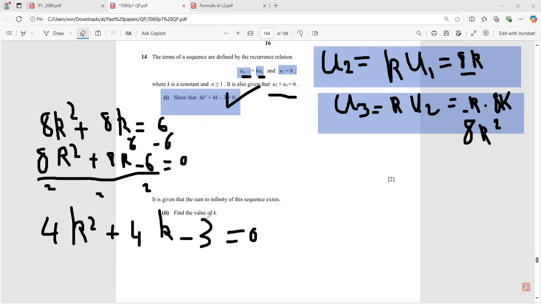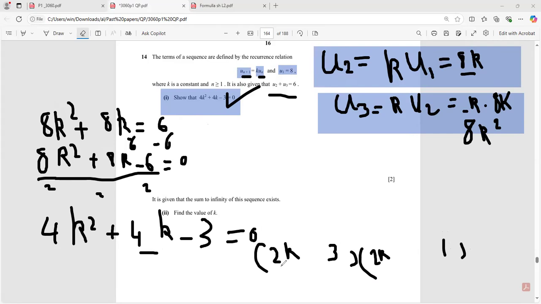It's asking us to find the value of k, so again, solve like a normal quadratic equation. Here we have 2k and 2k, and here we have 3 multiplied by 1, remaining the inside number positive 4.